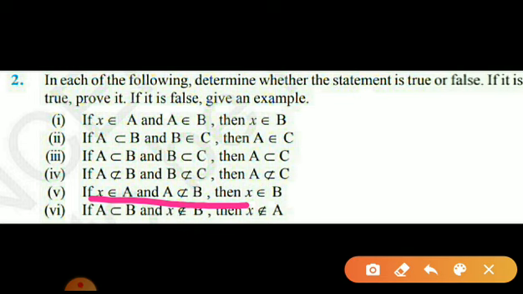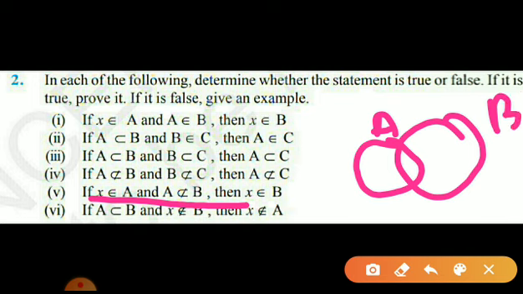X is an element of A. This is my set A. X is an element of A, and A is not a subset of B. That means this may be the case. Then X will always be a member of B.